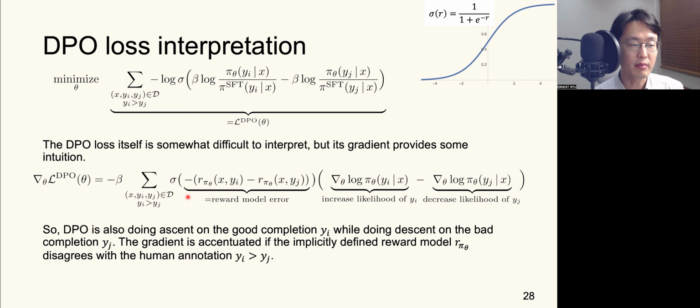So this term modulates the magnitude of the gradient ascent and descent steps based on whether the reward model is correct or incorrect. And it makes a lot of sense that when the reward model is making correct predictions, there's not much to learn from, so you make small steps. And when the reward model is wrong, you need to learn to be able to correct for that, so you take larger gradient steps.